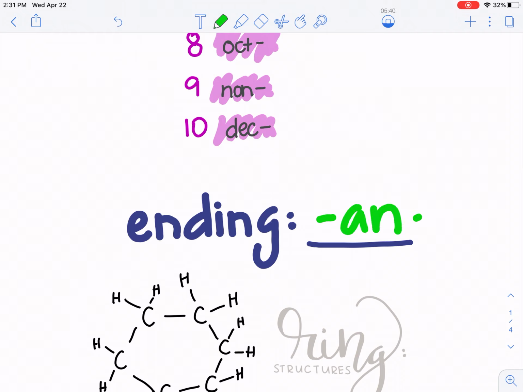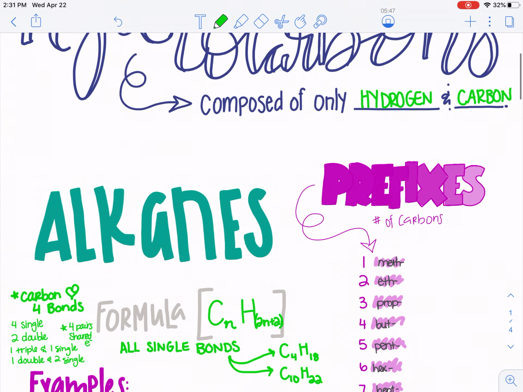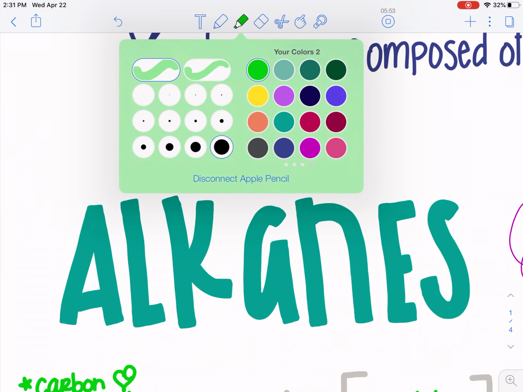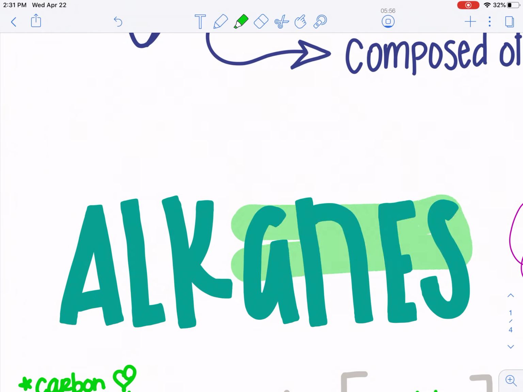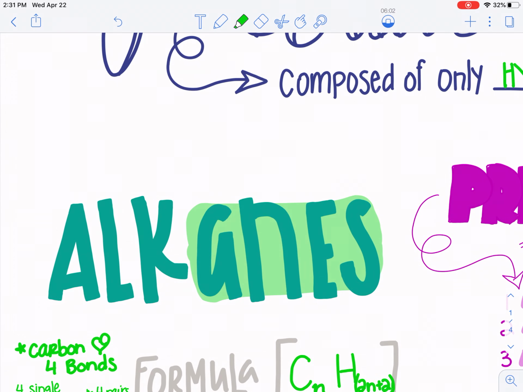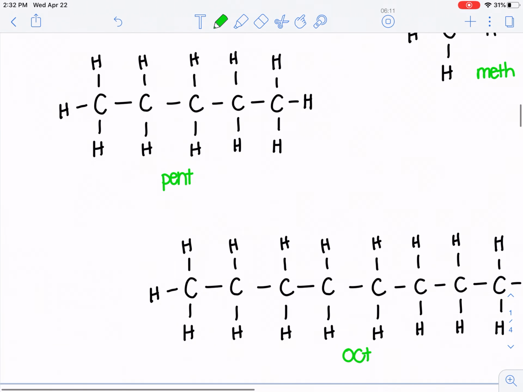And since they are all single bonds, they end with ane. Much like the word alkane, ane. There is not a coincidence there. You will see in the next few weeks that we study alkenes that end in ene and alkynes which end in yne, which maybe you remember means double and triple bonds.